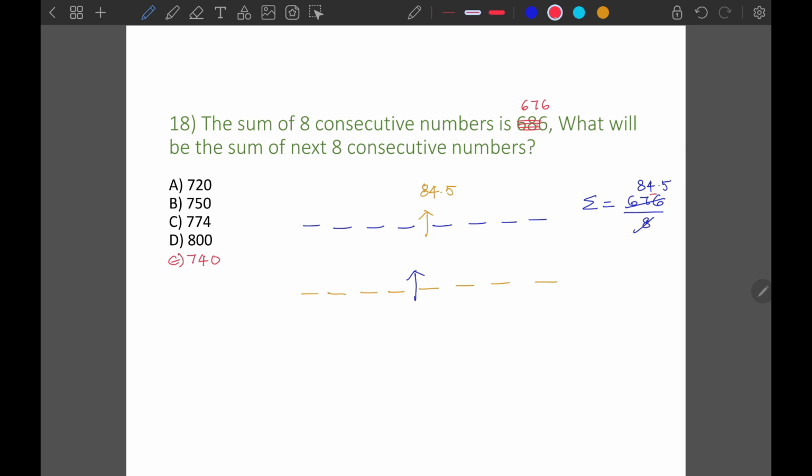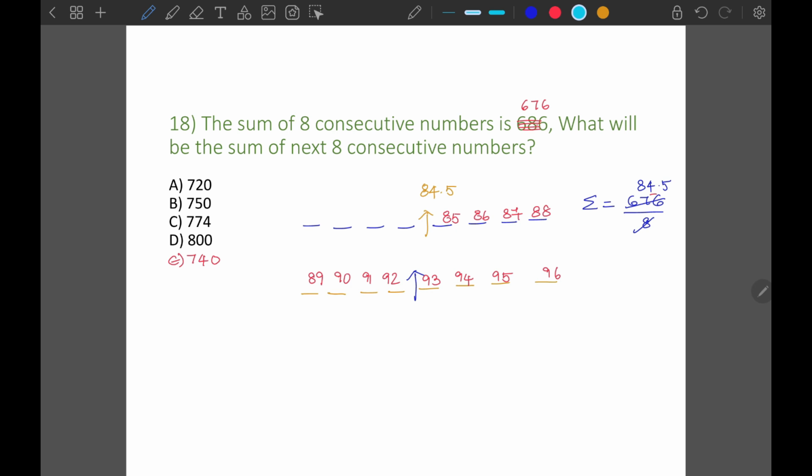Since it is 84.5, the numbers will be like 85, 86, 87, 88, 89 and 90. In this way, you can generate all the numbers: 91, 92, 93, 94, 95, 96.